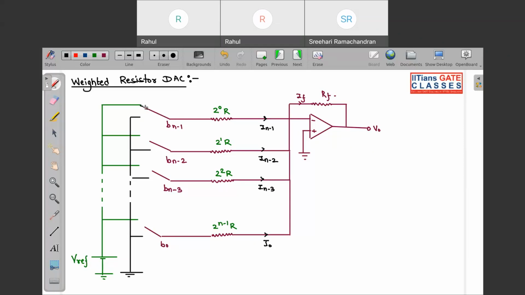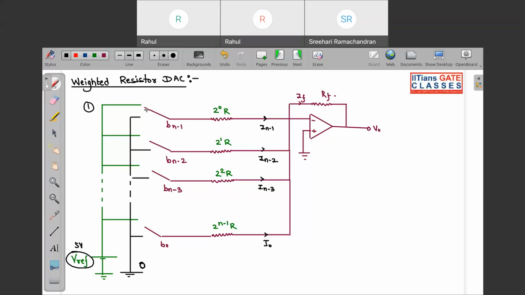Either it can connect in this position or in this position. Here we have V reference: this green line is V reference and this black line is grounded. If V reference is 5 volt, this corresponds to logic 1, and the black one, as it is grounded, corresponds to logic 0.